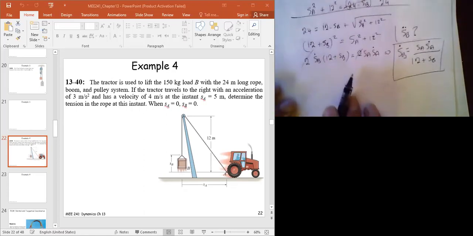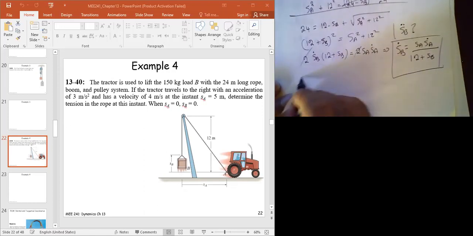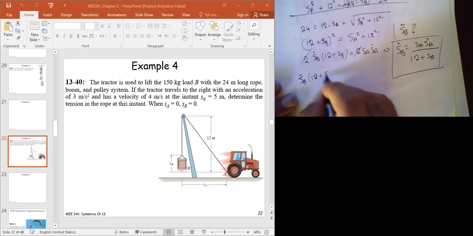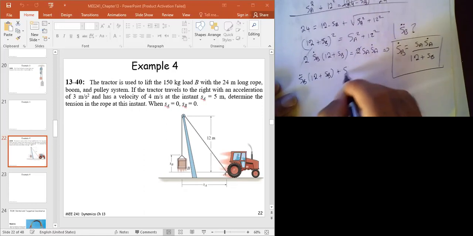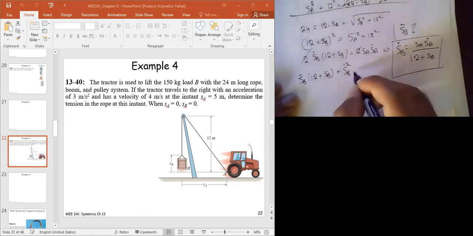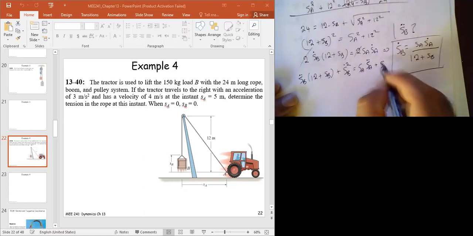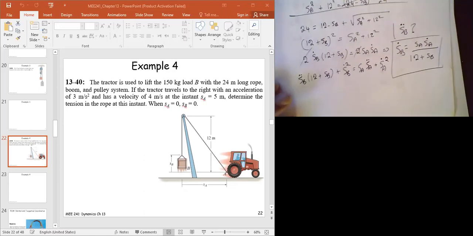If I get the acceleration, can someone help me out to get the acceleration? Okay, let's start with the first one. SB double dot multiplied by 12 plus SB, plus SB prime squared, is equal to SA double dot plus SA prime squared.